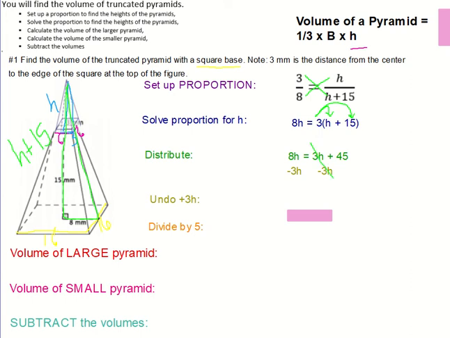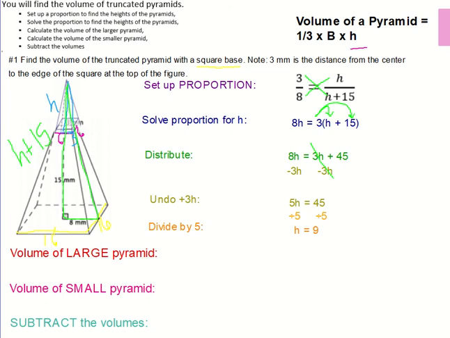And I need to bring down that 45. I get the following. 5h equals 45. Divide both sides by 5. 5 divided by 5, those 5's cancel. You're left with h. 45 divided by 5 is 9, so I get h equals 9. So the height of the small pyramid on top is 9.